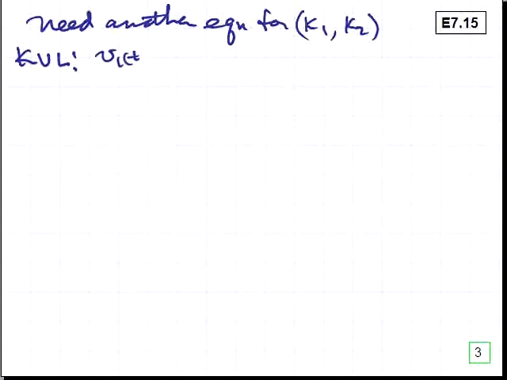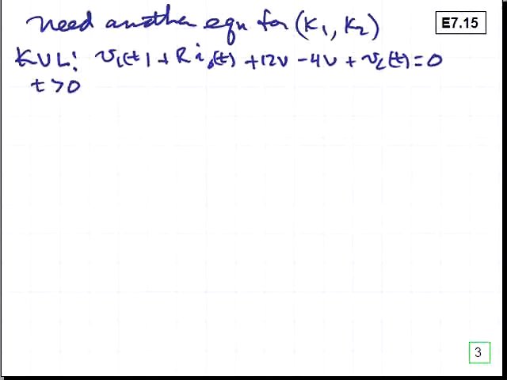Now we have VL of t plus R times I_O of t plus 12 volts minus 4 volts plus Vc of t is equal to 0. This is for time greater than 0.